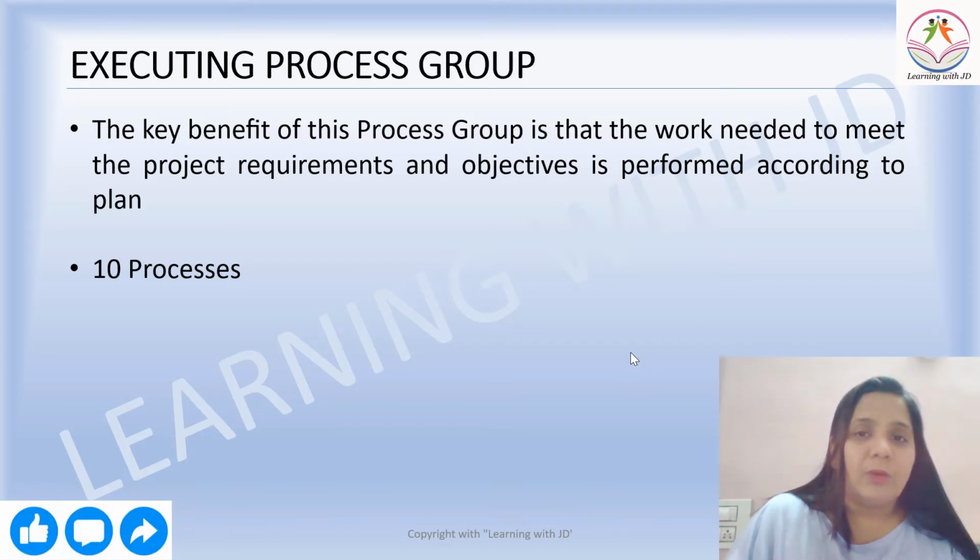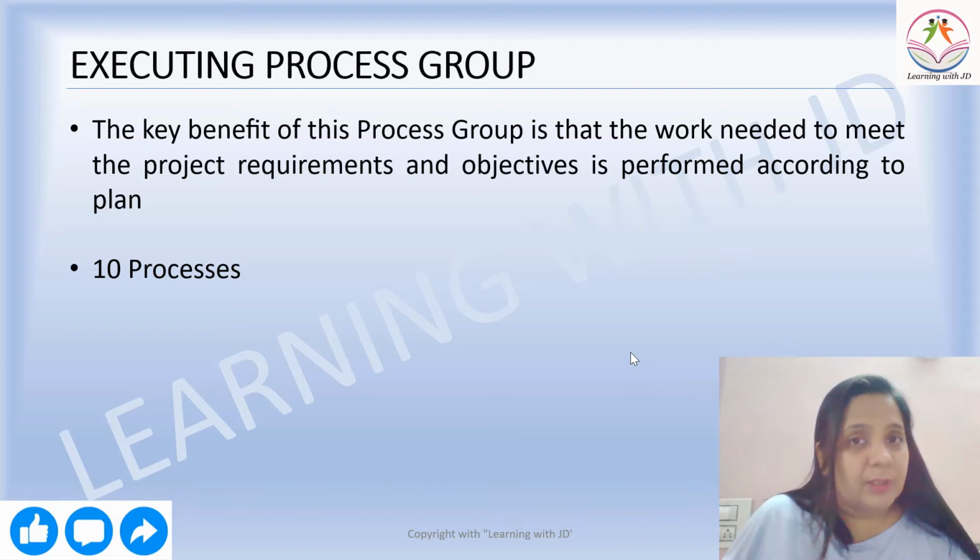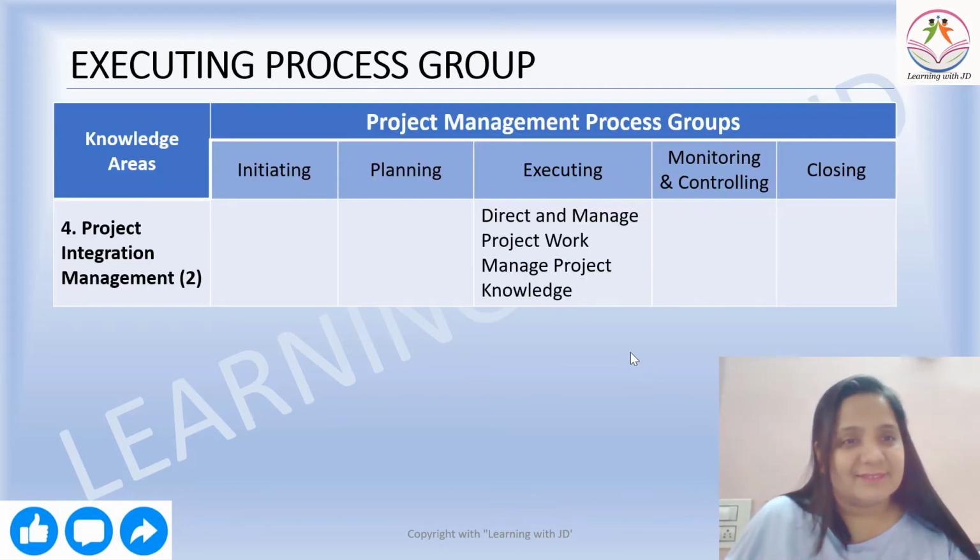All your project requirements and objectives are performed according to the plan. The plan is the key here. There are 10 processes for the executing process group. Let us see what they are.